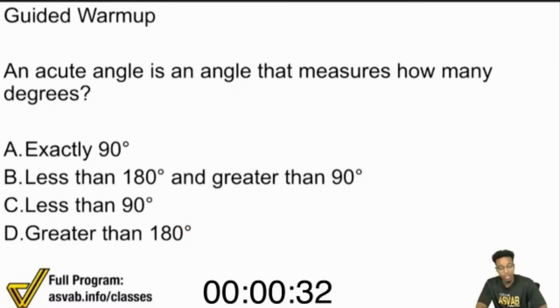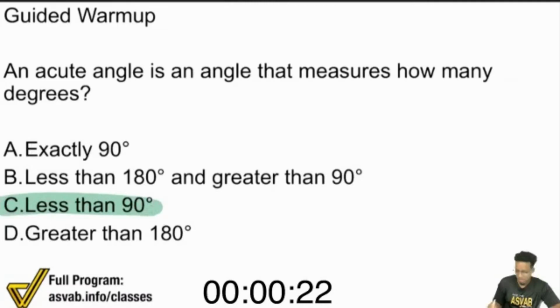Okay, so the answer here: think about acute as in, oh, look how small and cute. So we'll say less than 90. The answer is C. If it's a small little acute angle, it's less than 90. Remember, use 90 as a reference. You can have one type that's less than 90, one type that is 90, and one type that's greater than 90. So there it is.